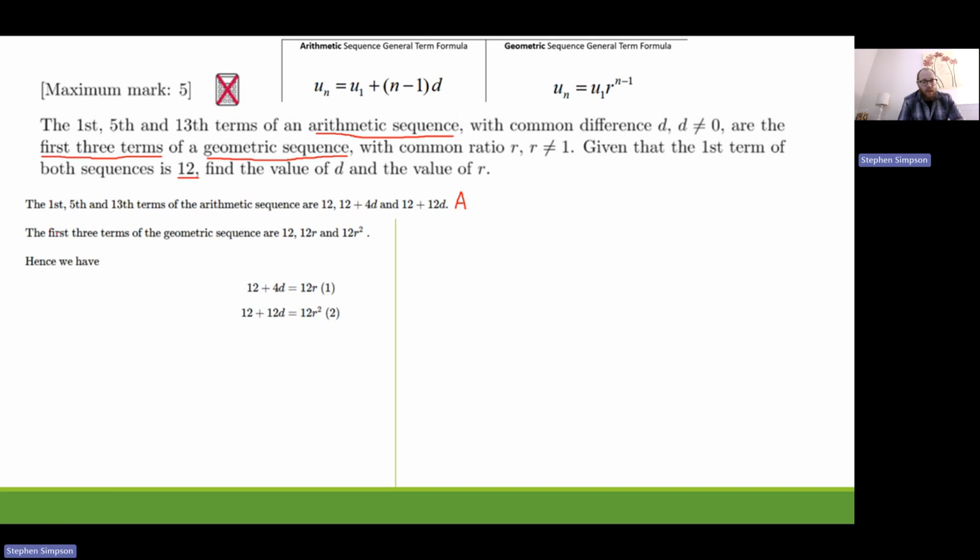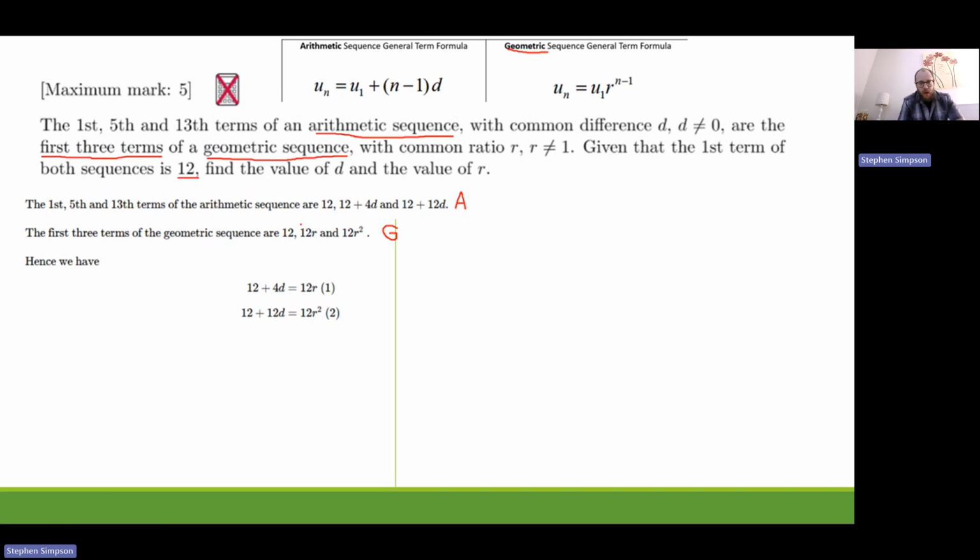Now these are the first 3 terms of the geometric series. I'm going to put a G. We're using this geometric formula up here. So the first term is 12, and then for each successive term, we multiply by r once.